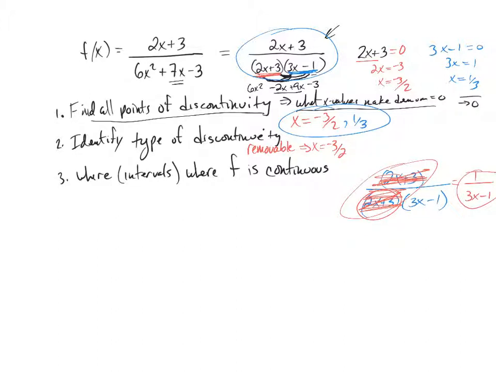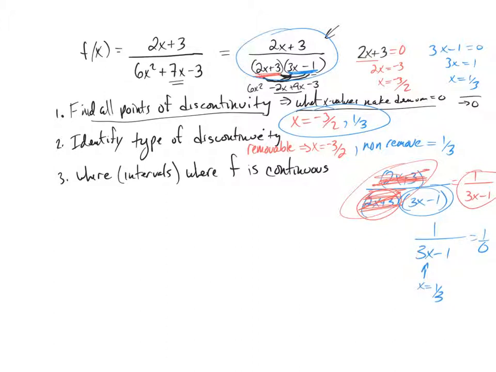And the non-removable, which is the other type of discontinuity, I'm just going to write non-remove, that's going to happen at x equals 1/3, because after we cancel it out, we were left with this. And hey, you put a 1/3 in there for that x, you're going to be dividing by 0, and you're going to have a big blow up on the graph. So the non-removable one is 1/3.